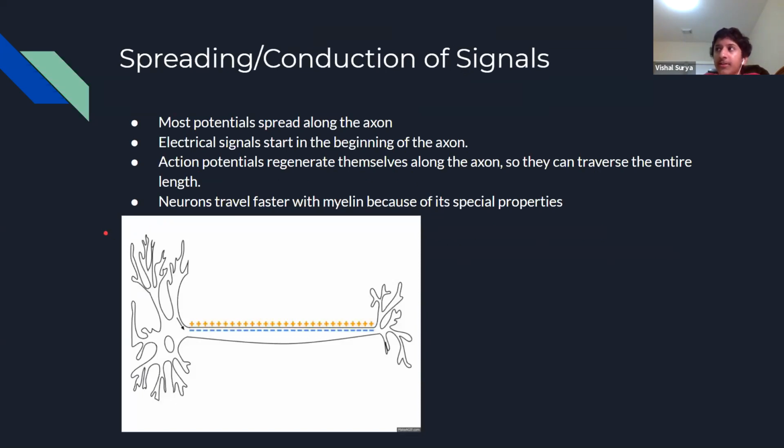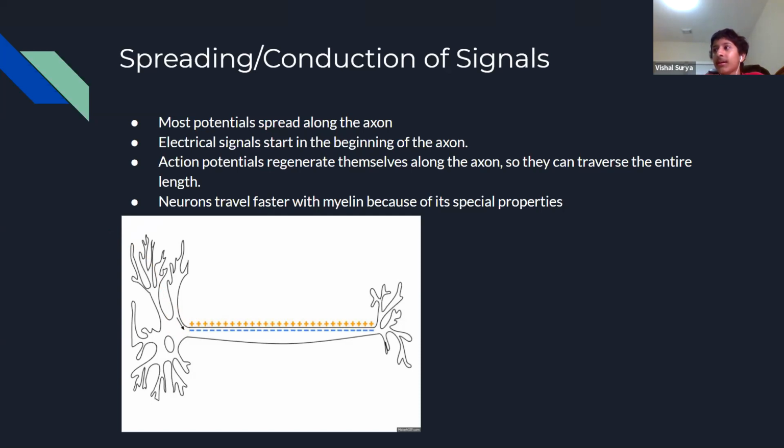Most potentials spread down the axon, and electrical signals start in the beginning of the axon, around right here. We call this area the axon hillock, and the electrical signal first starts in an area called the initial segment. So just prefer to say it's the initial segment. The action potentials regenerate themselves along the axon so they can traverse the entire length.